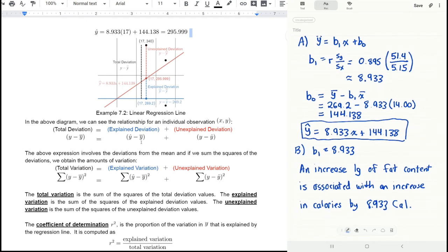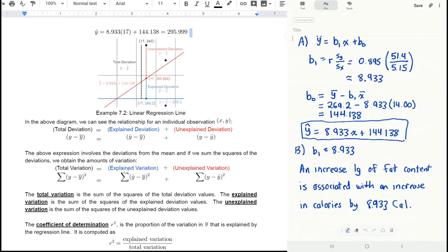The above expression involves the deviations from the mean. And if we were to sum up the squares of the deviations, what we obtain is the amount of variation. Recall that the variation is the squared deviations. So the total variation is going to be the sum of y minus y bar squared.